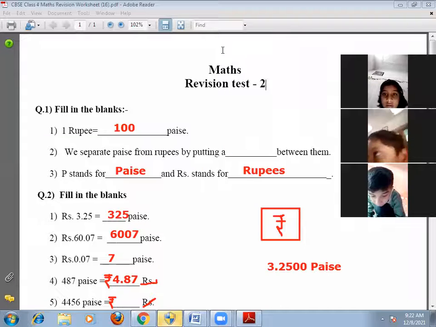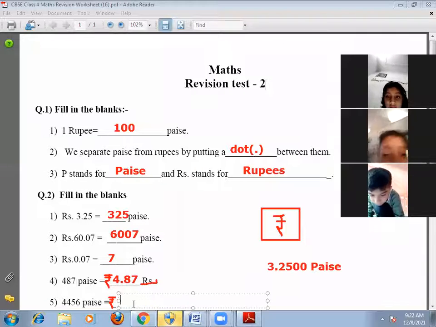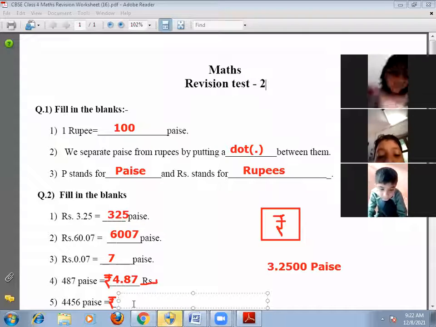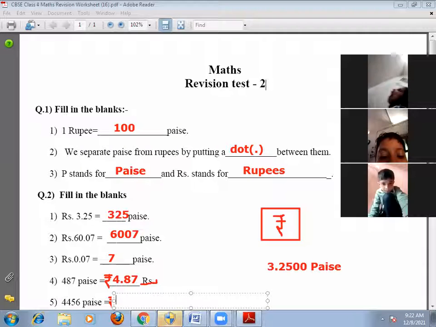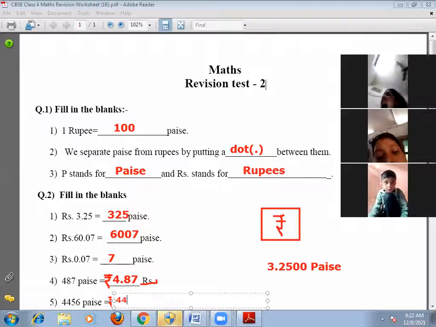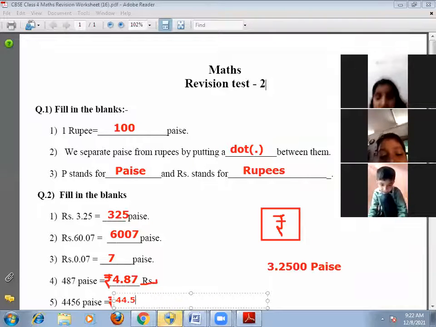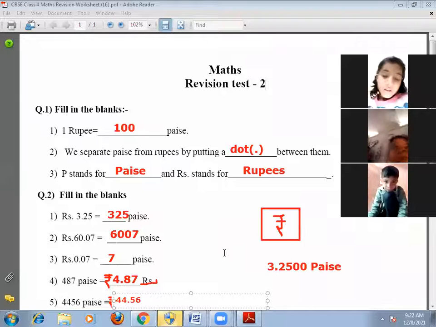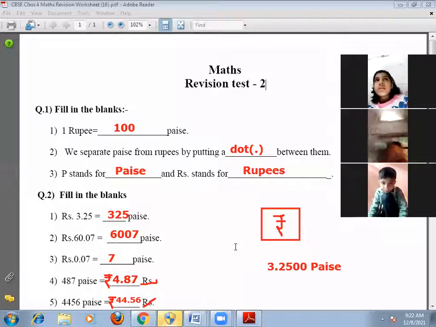After leaving 2 digits, means we are going to leave 2 digits from the right hand side, then we can put the dot. Is it clear? Yes, ma'am. Okay. So here your answer will be 44.56. So this will be your answer: 44 rupees and 56 paisa.